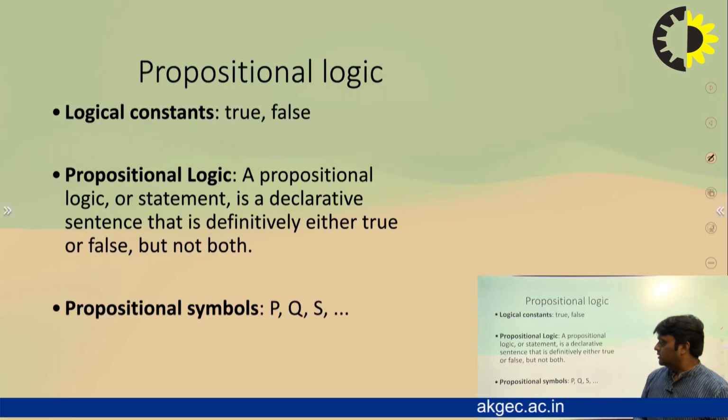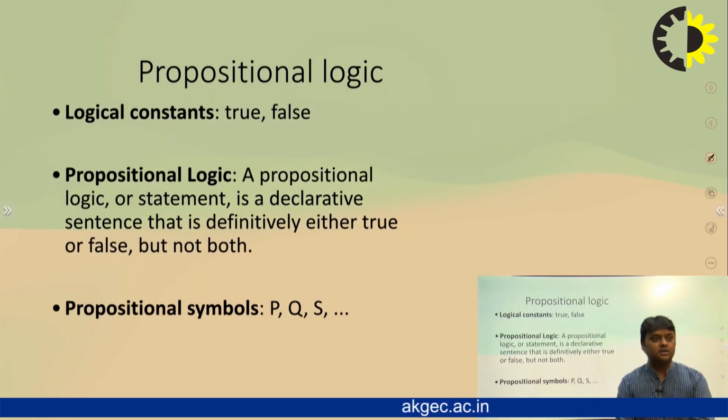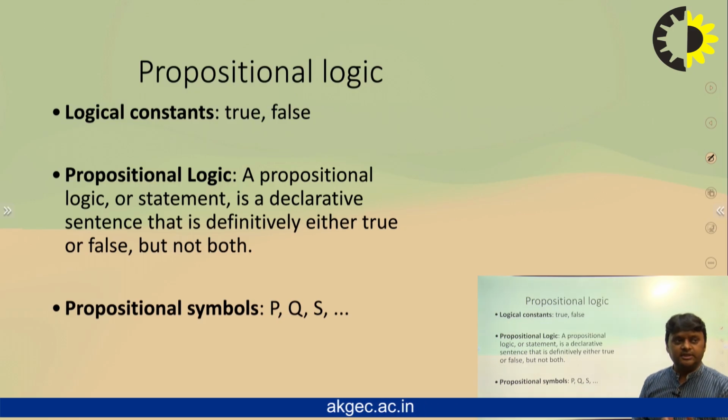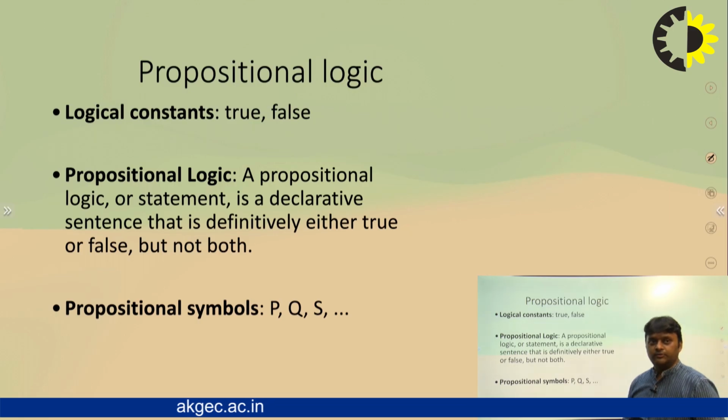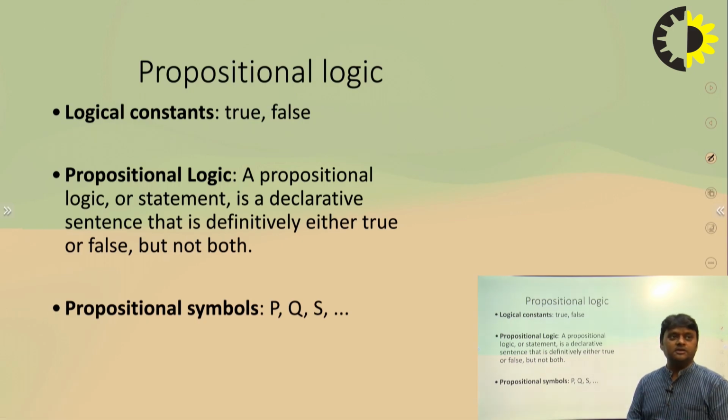Here in propositional logic, we represent the statement in the form of symbols. The symbols we use here are P, Q, R, S and so on. And the logical constants for propositional logic are true or false. Any statement may be true or it may be false.